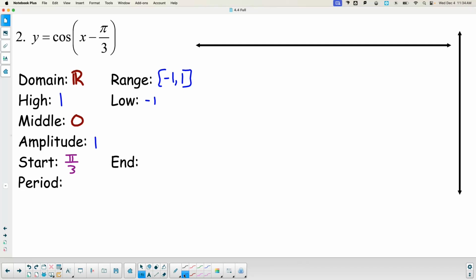What is my period? Two pi divided by, what's the coefficient out in front? 1. So 2 pi divided by 1 is 2 pi.